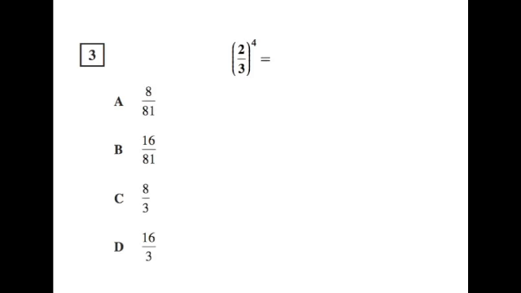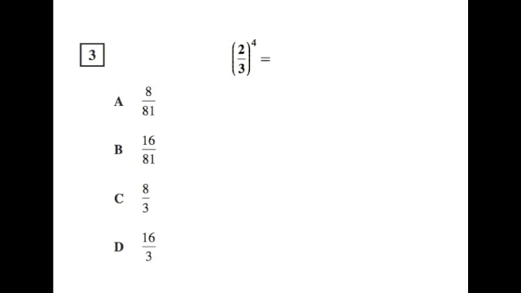Moving on to number 3. Number 3, we have 2/3 to the 4th power. Now, a lot of people will try to do 2 times 4 and then 3 times 4. That's not really what the power is all about. Remember that to the 4th power means you're multiplying whatever the base is by itself, however many times the exponent is.